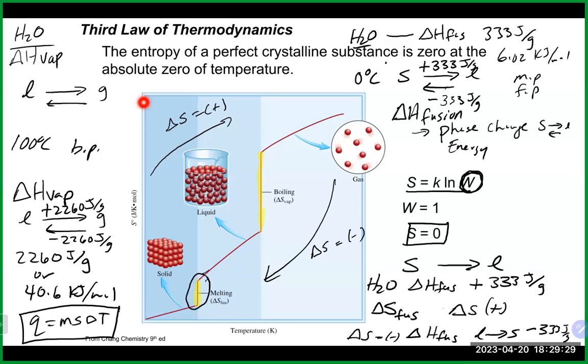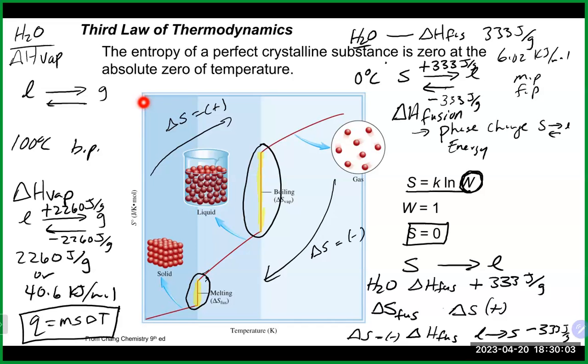In the process of going from solid to liquid, the entropy change is also affected by that delta H calculation, and it will be positive or negative depending on which way you go. There's also the delta S of vaporization that occurs as we transition from liquid to gas and gas back to liquid. Depending on which way you go, both the delta H will either be positive or negative. Any questions on that?